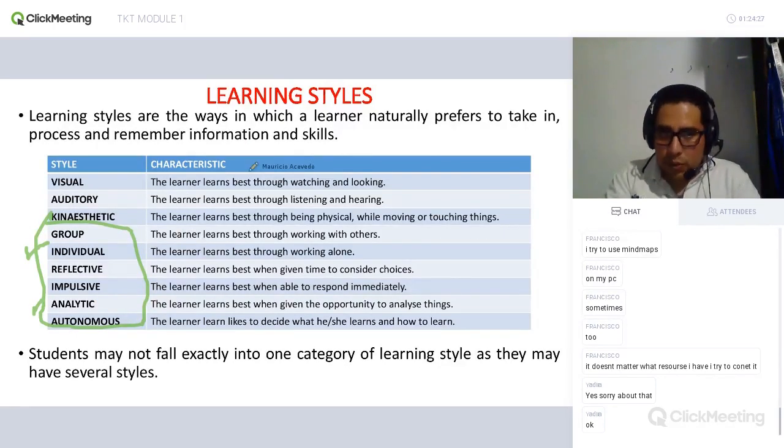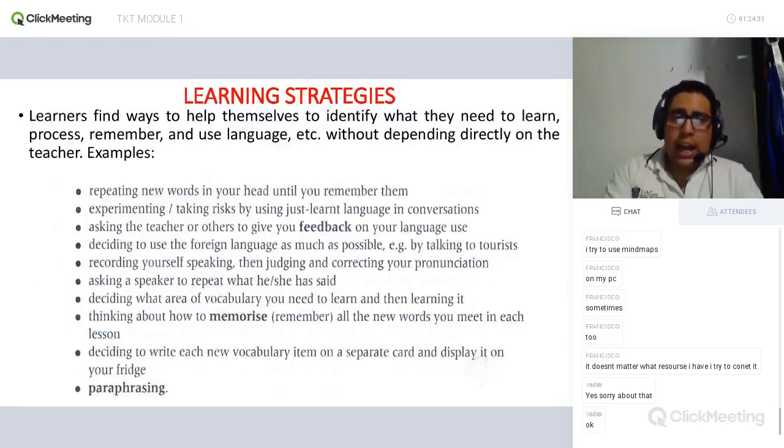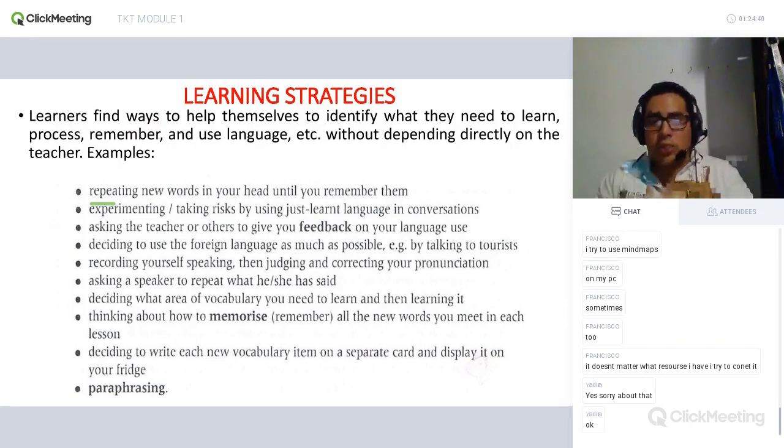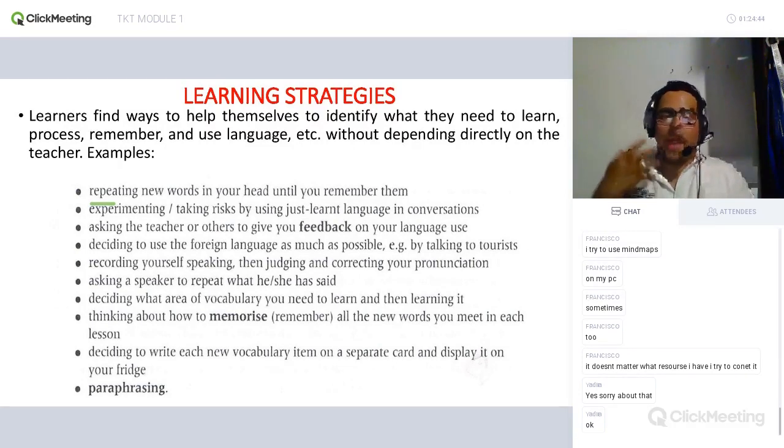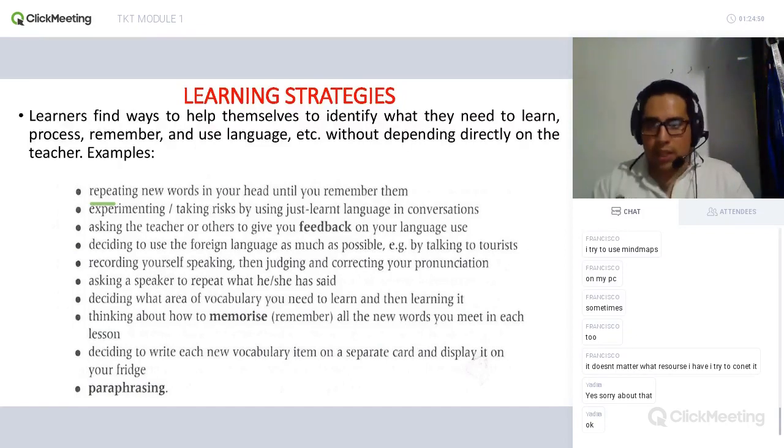Here we have a description of all of them, so later on, have a look at them. And learning strategies. The strategies are the activities they are continuously doing so that they can start learning. Some of them practice, for example, with repetition, others with feedback, other people with games, and so on.